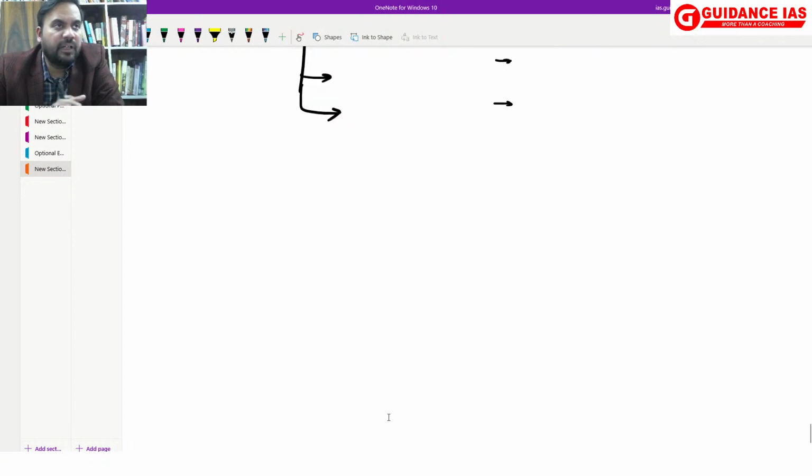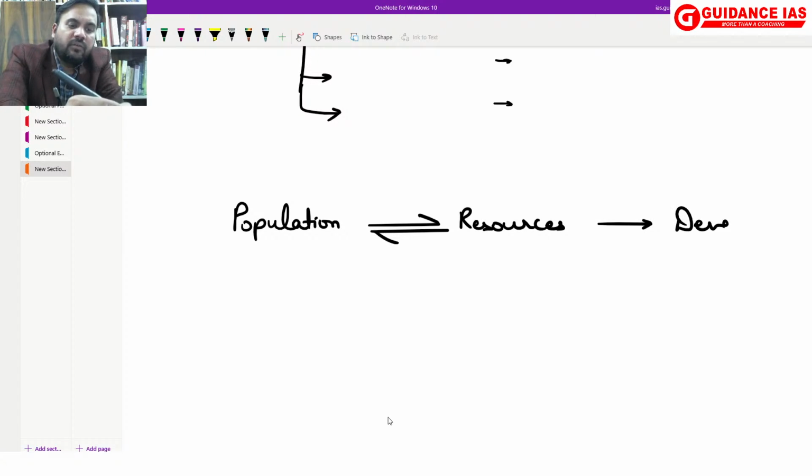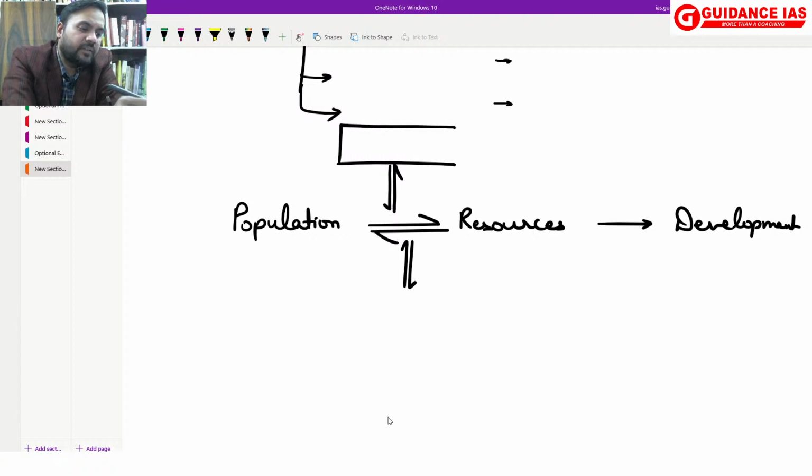because first day we are going to talk about these concepts of over, under and optimum population. So we will see that when we are talking about the relationship between population and resources which is leading to development, we have to understand very clearly that there are other factors which also affect.